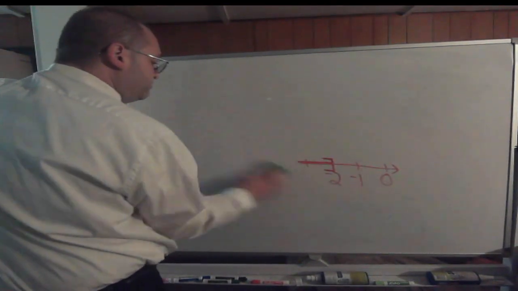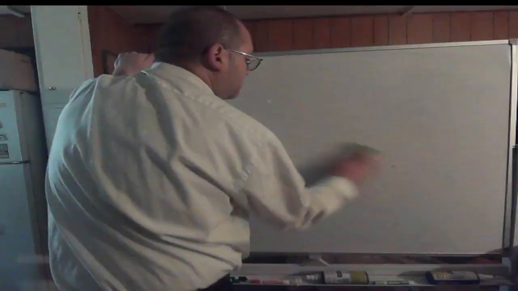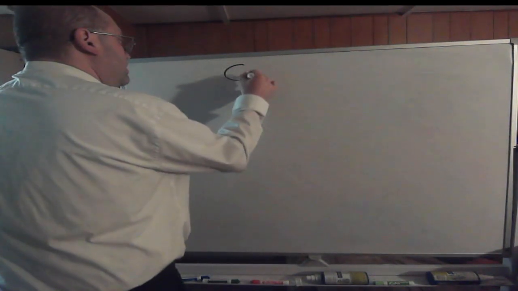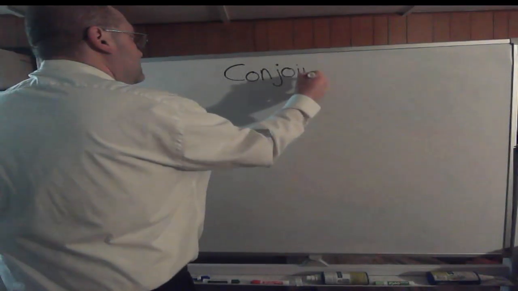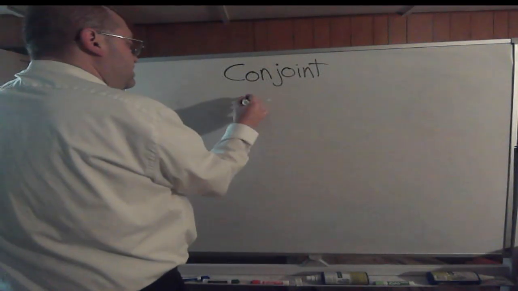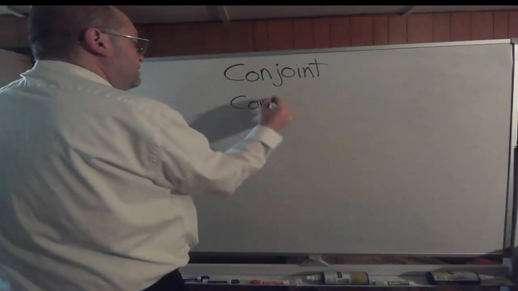Alright, so what we've been doing here are called conjoint sets. Conjoint, you can think of it as conjunction. So let me write that here. We have done what are called conjoint, you could think of it as conjunction.